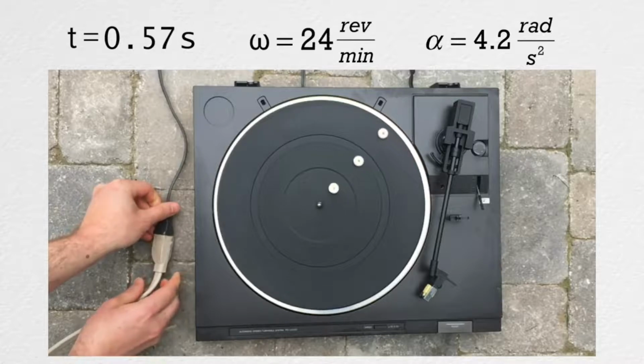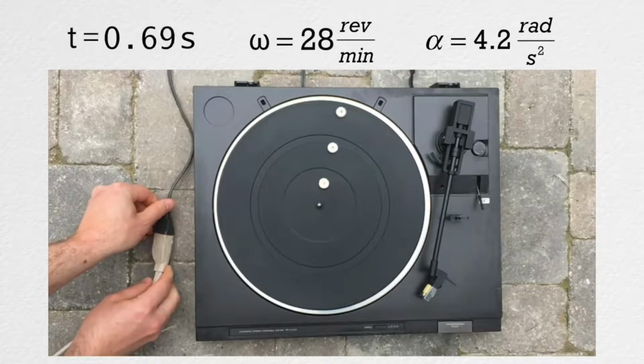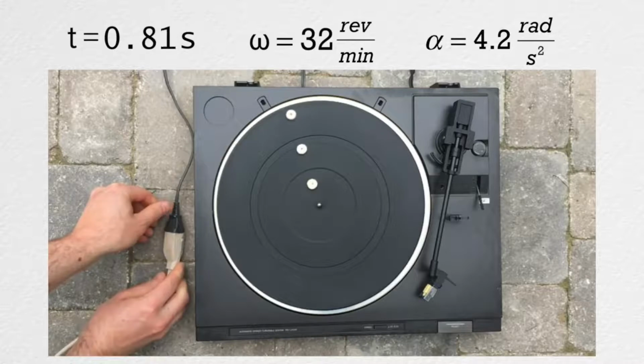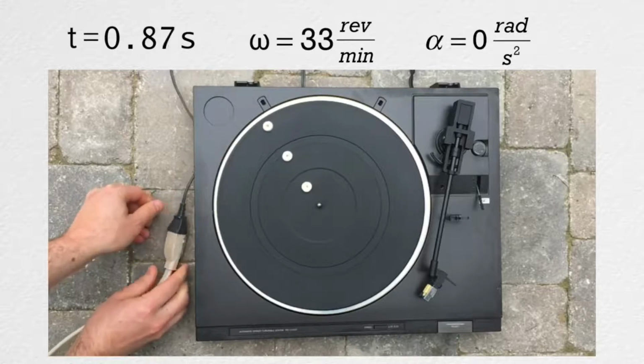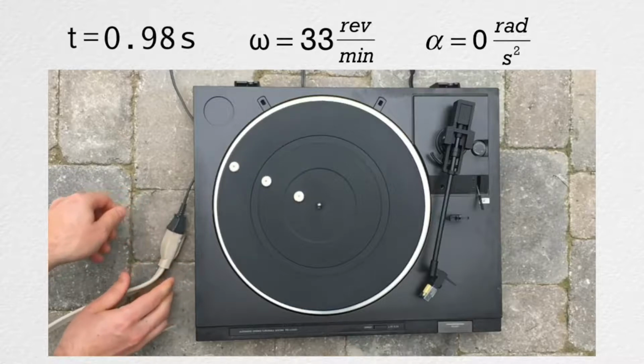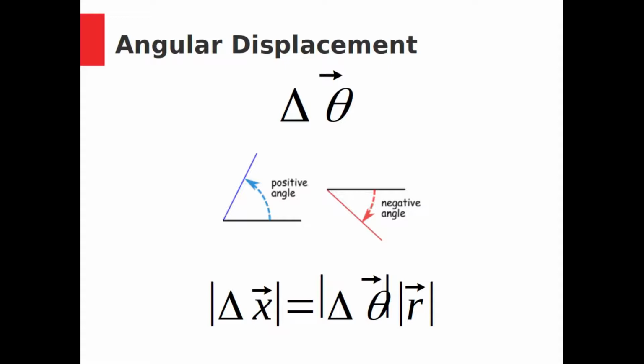Now, how far did the stickers travel in terms of linear distance, that is, in terms of meters? While all the stickers traveled through the same angle, the one near the edge traveled a much greater distance than the one near the center. We can convert angular displacement into a linear distance using this equation down bottom.